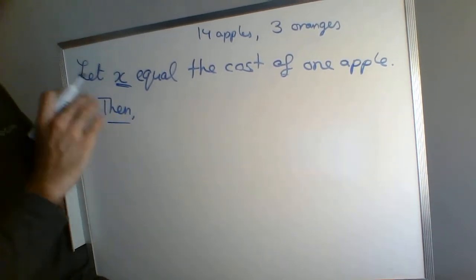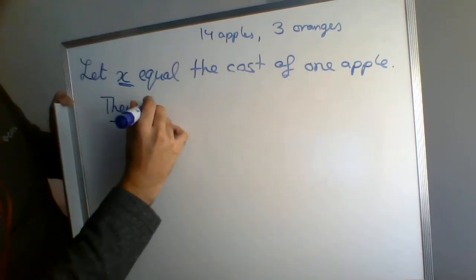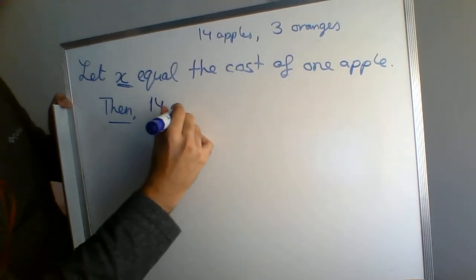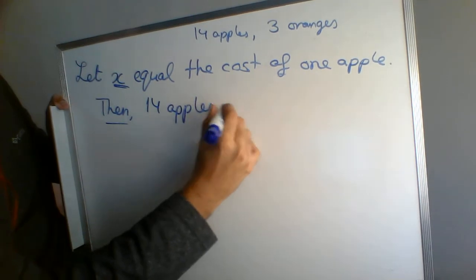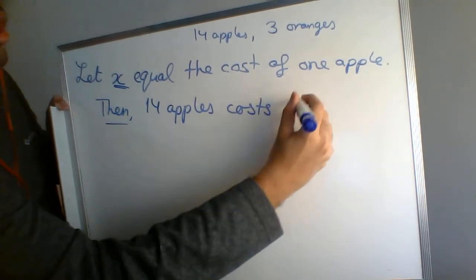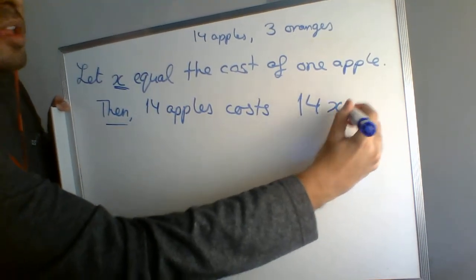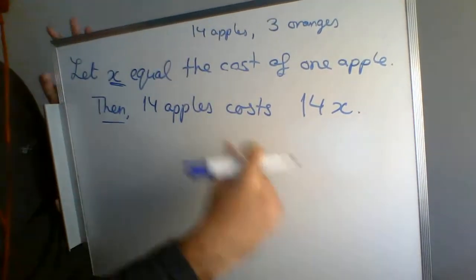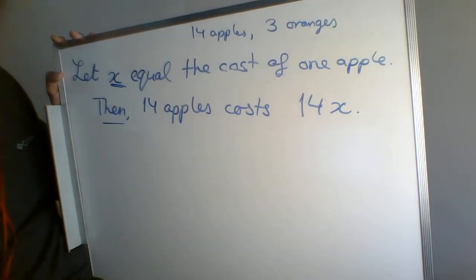For example, if we know x is the cost of one apple, then that means 14 apples will cost 14 times x dollars, however many dollars x ends up being equal to.